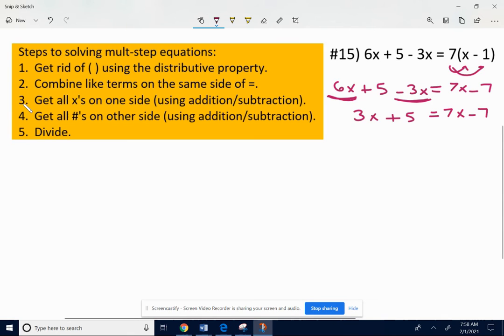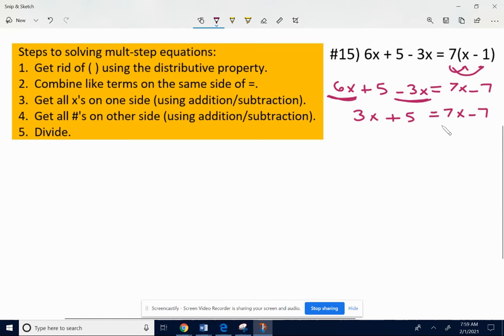Third step: get all x's on one side if they aren't already. On this problem, we don't have all the x's on one side now, so we need to make that happen. We either need to get rid of this added 3x, see, it's a positive, so think of it as added 3x, or get rid of this added 7x, by subtracting it from both sides.